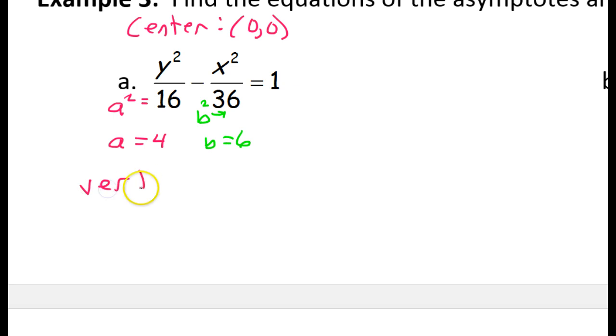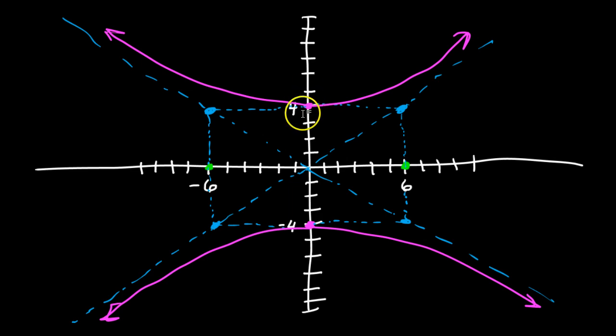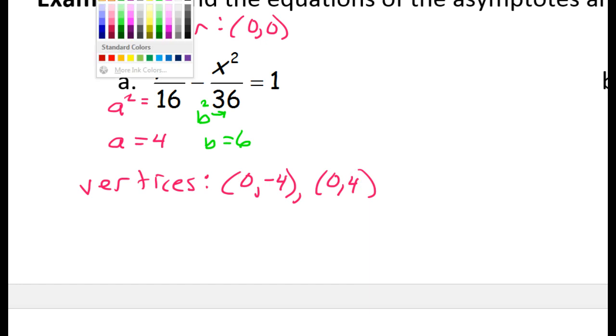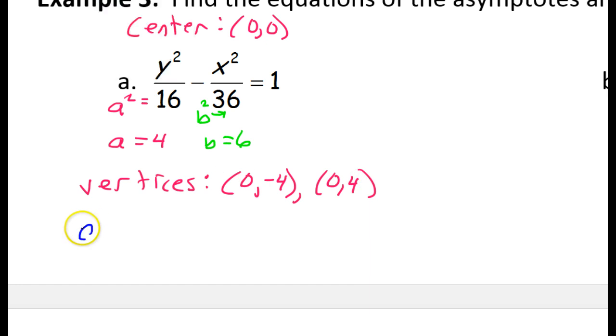No. So the coordinates of the vertices will just be (0, 4) and (0, -4). Now, what about the equation of the asymptotes?